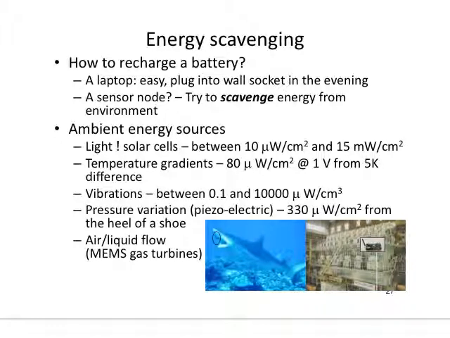So what we could do is use other sources of energy, and these sources are usually variable, and they are not as stable as the power from the outlets or from the grid, right? Usually power from the grid is consistent.